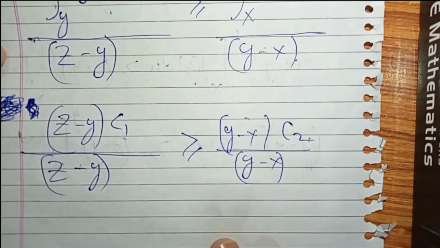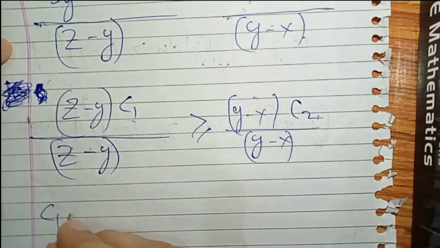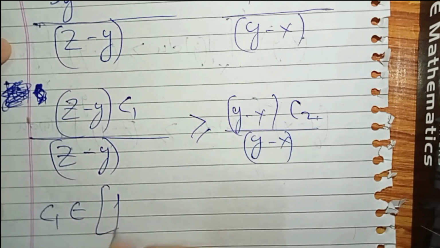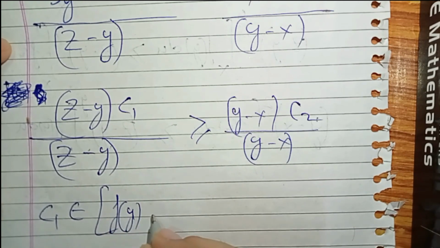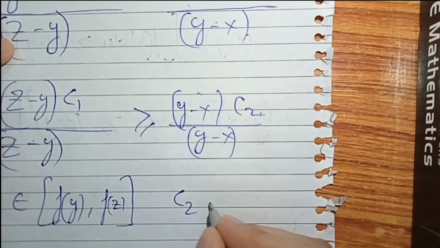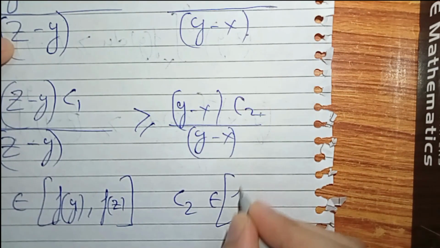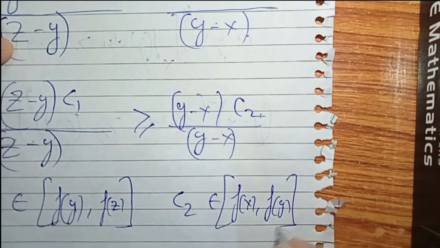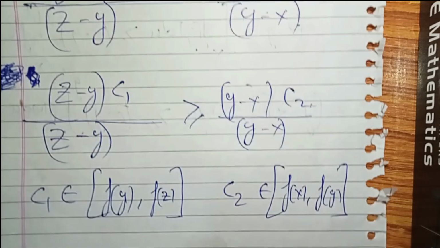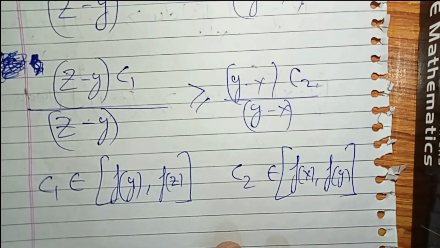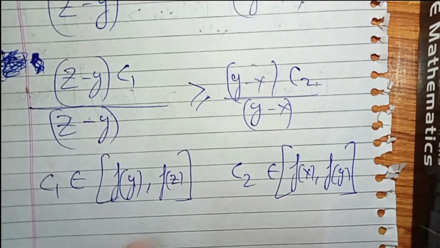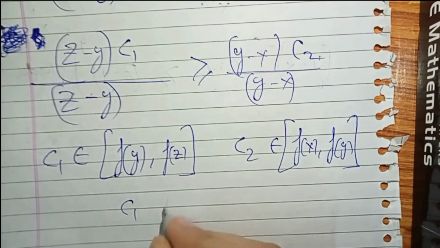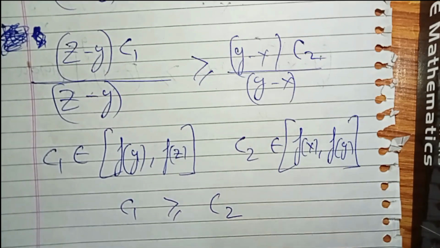Now what are c1 and c2? I'll tell you now. c1 belongs to the interval f(y) comma f(z), and c2 belongs to the interval f(x) comma f(y). Okay, so from here I will have c1 is greater than or equal to c2.